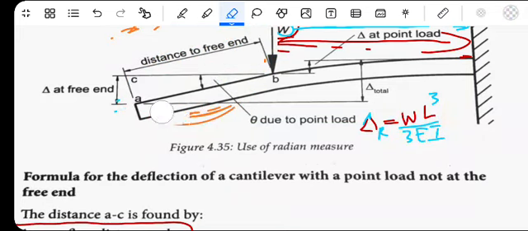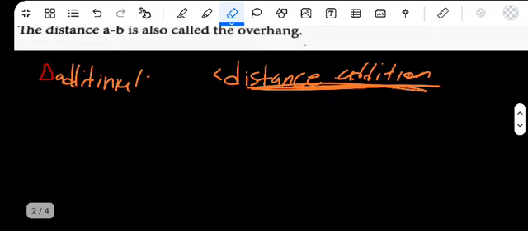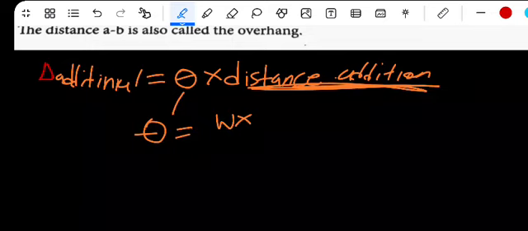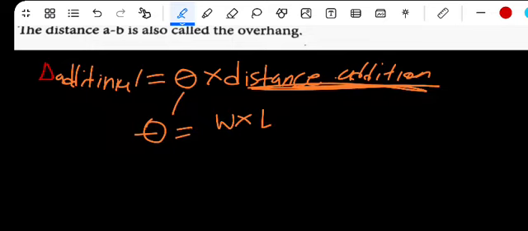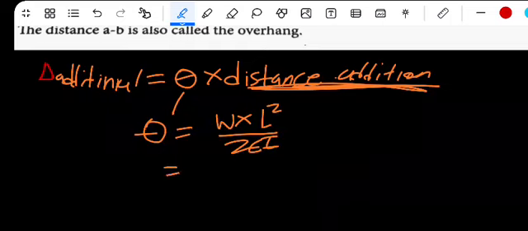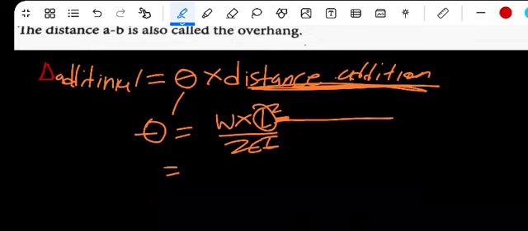But when you're calculating theta, it will be given by W multiplied by L raised to the power 2, divided by 2EI. Now this length will be from the major point load to the fixed point where it's fixed.